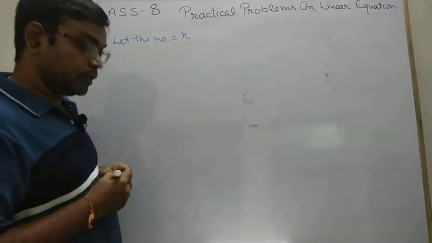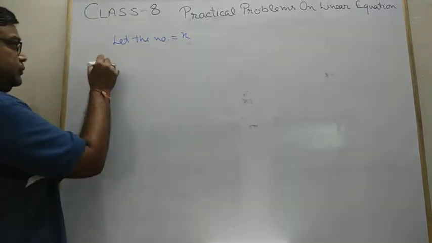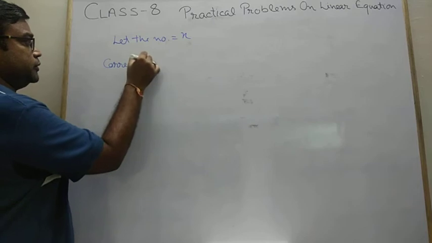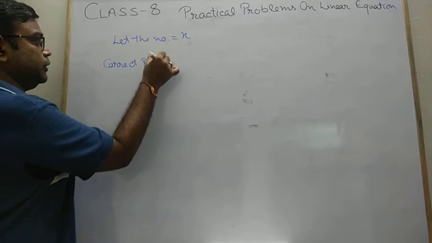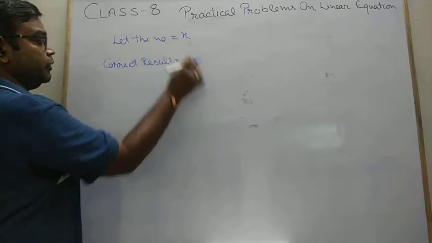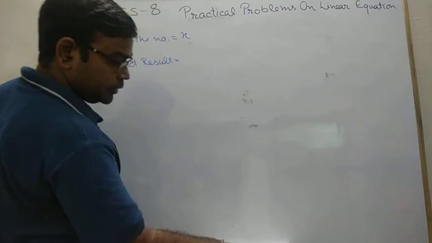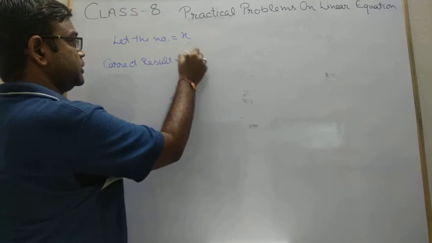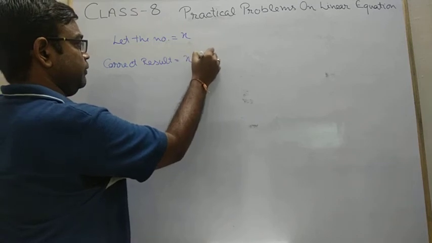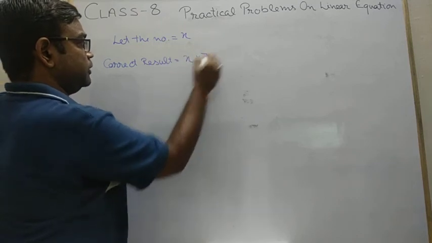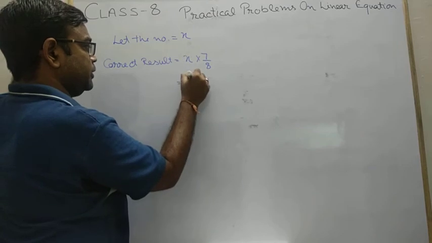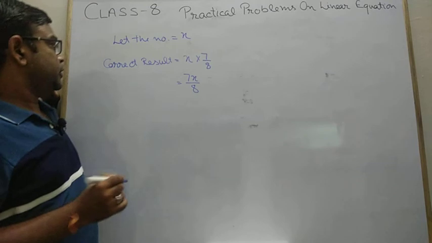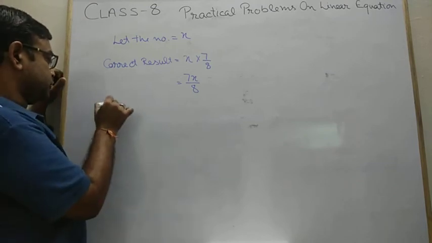What is the correct result? The correct result says that you have to multiply the given number by 7 upon 8. So x into 7 upon 8. The result is 7x upon 8. Clear? Now, what is the wrong one?